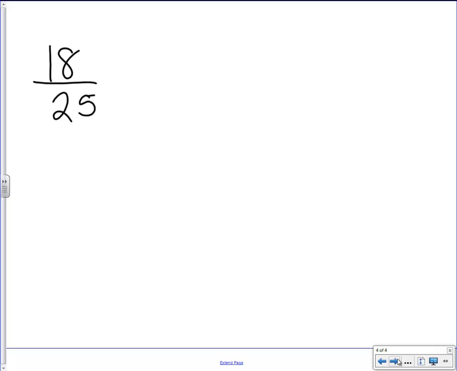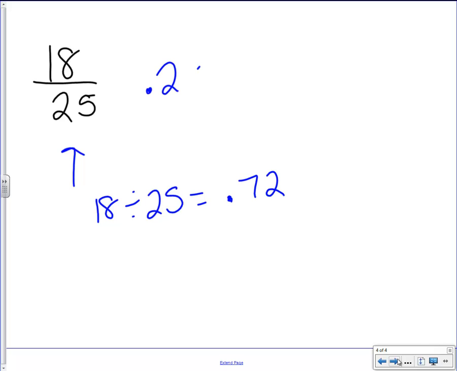The decimal is going to be fairly easy because I just use my calculator. I take the fraction that I have, I put it in my calculator, and I end up with a decimal. When I type this in and push enter, I end up with this as a decimal. Oops, sorry, 72, not 27. So this is my first answer of the 3.